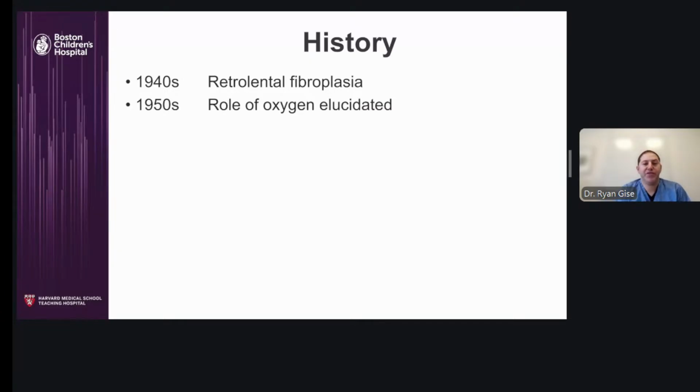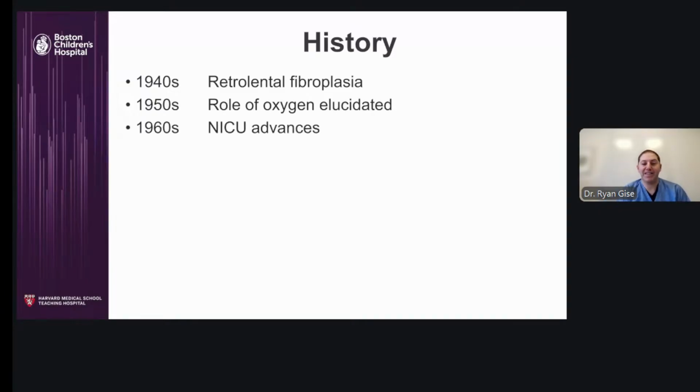In the 1950s, the role of oxygen was elucidated in the development of retinopathy of prematurity. They were looking at various different causes: fluctuations in temperature, ambient light, pH, and oxygen. And finally, it was discovered that high oxygen levels were causing blindness. Unfortunately, it was also noted that high oxygen levels were really important for the survival of these children.